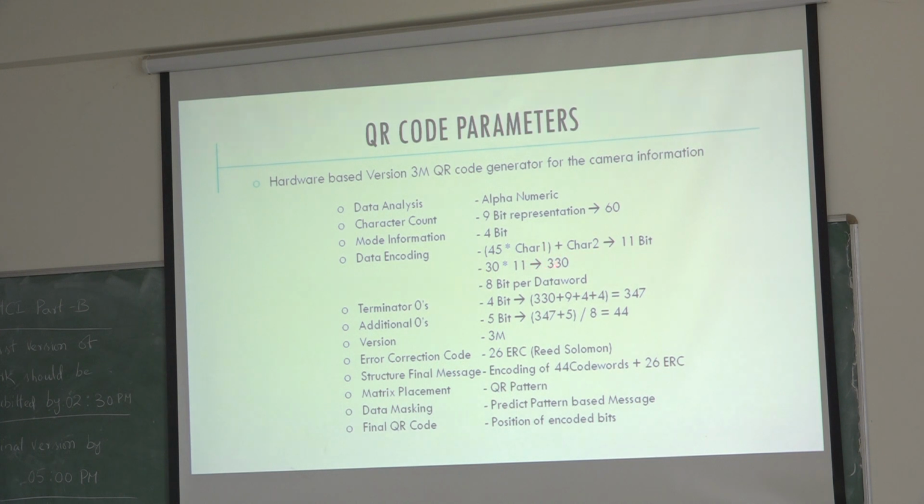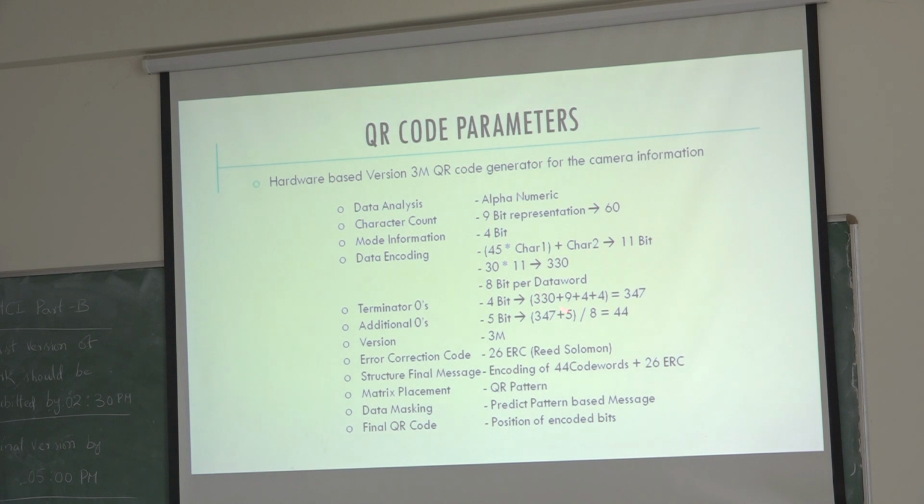So total 330 plus 9 plus 4, that is 343 bits. Whenever a QR code finishes, it should finish with a minimum of 4 zeros. So when I add the 4-zero terminator, it becomes 347 bits.